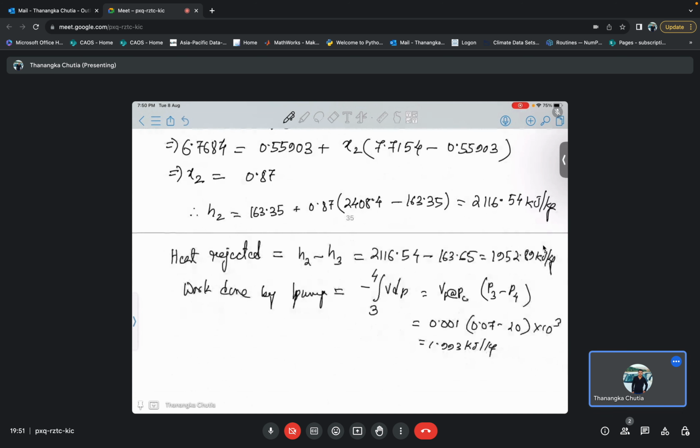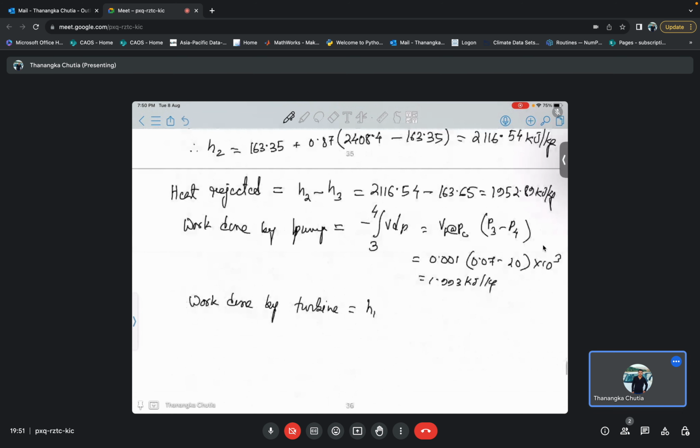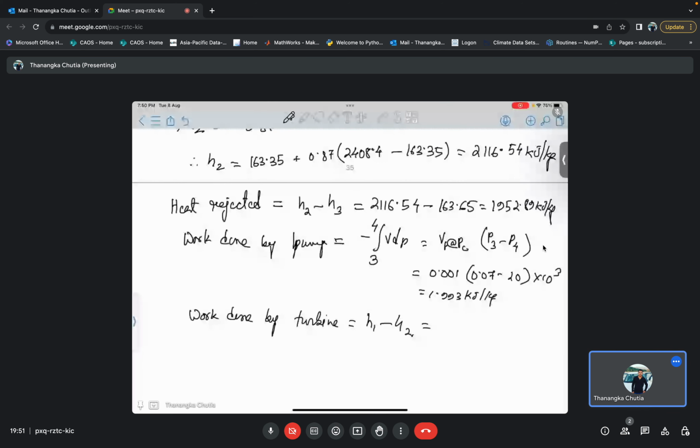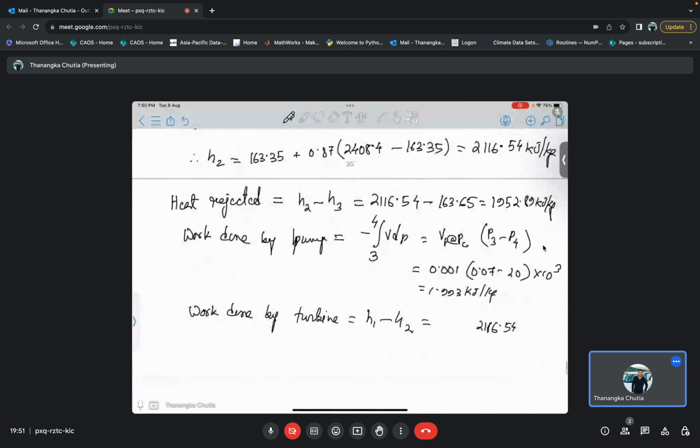Now work done by the turbine is H1 minus H2. What is H2? 2116.54, and what is H1? 3024.2 kilojoule per kg.